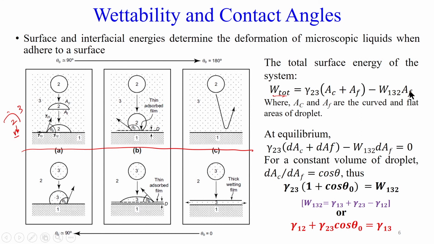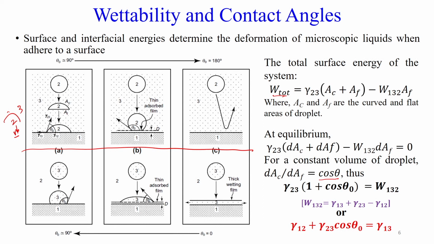Now, at equilibrium W total will be gamma 23, you can say dAc plus dAf, is equal to W132 dAf. Now, if we just see over here, based on this area, this angle is theta, and you can consider this one area is the AC and this is the AF.